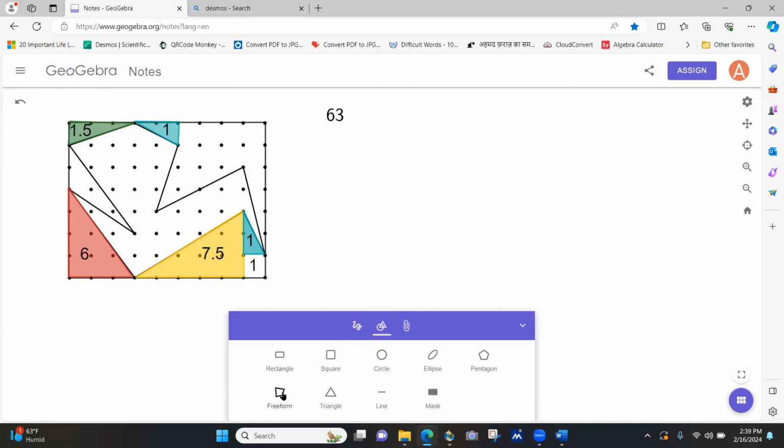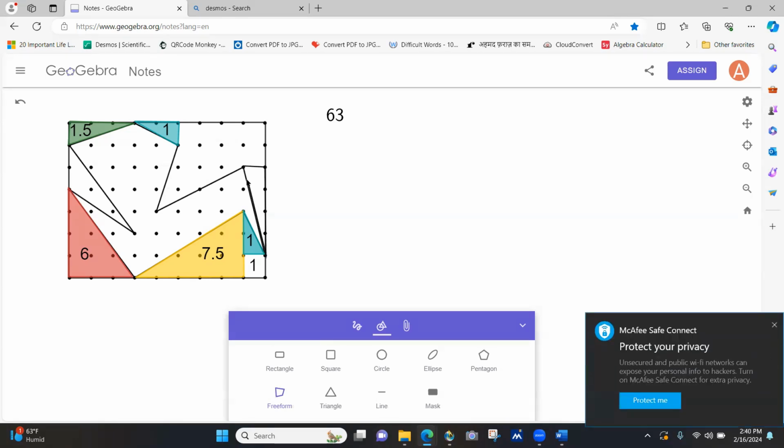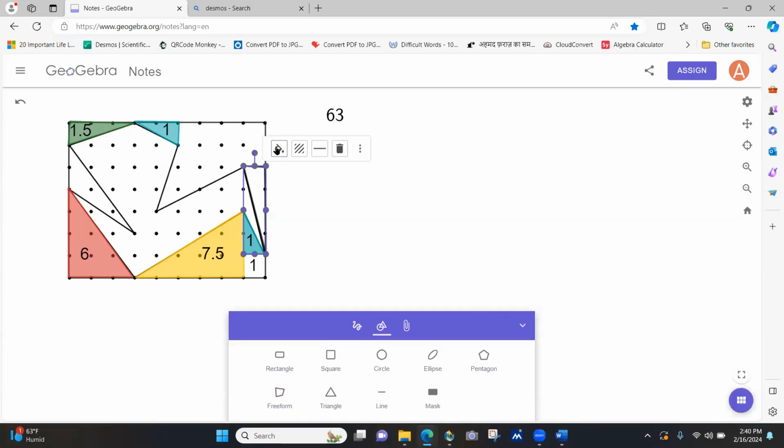All right, one more. This triangle is 4 times 1 divided by 2, which is 2.